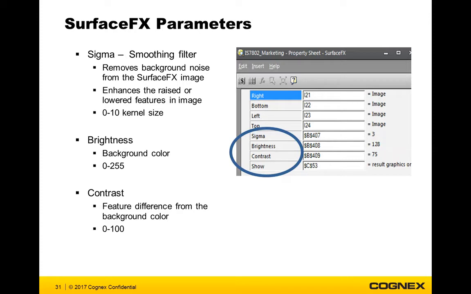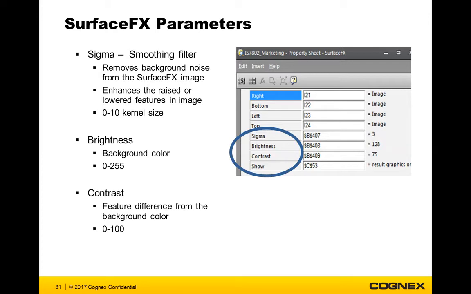In some of the samples you saw, some of the background was also high and low, so there's some texture to that background. What Sigma will do is minimize some of that texture. So you have a value of 0 to 10 smoothing effects, I guess, if you want to call it that, that can remove some of that background texture and just give you the features that you want.